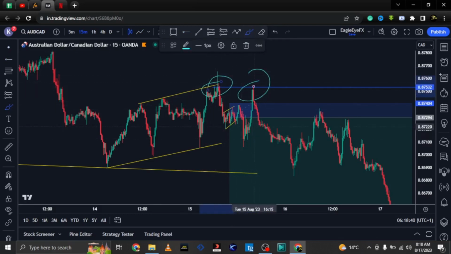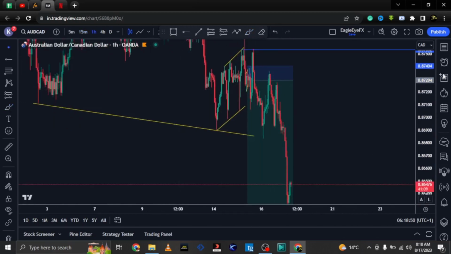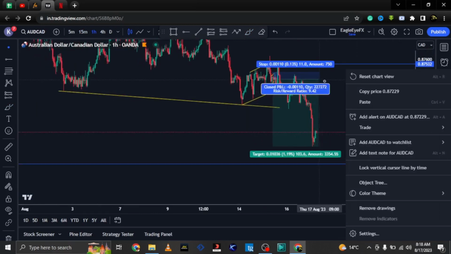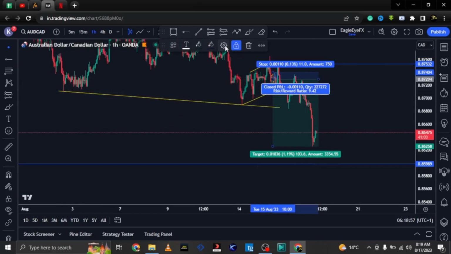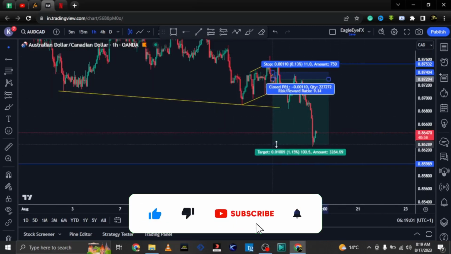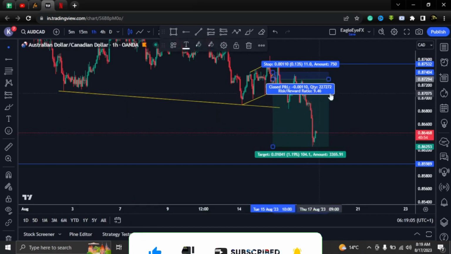You remember, guys, sometimes the market comes to give us the double top. After the double top, like I taught in that lesson, you can see that the market went all the way, and so far it has played out 9.46.